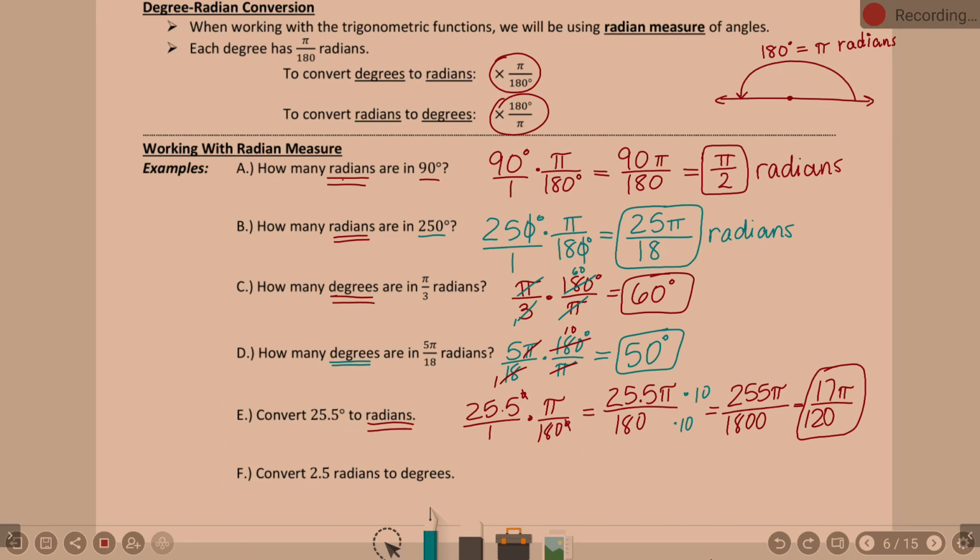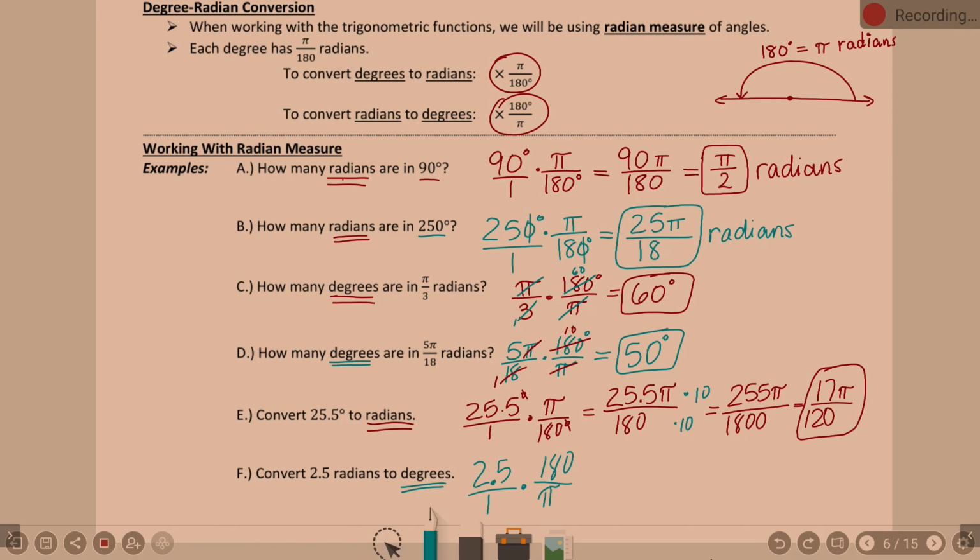One more. Convert 2.5 radians to degrees. What are we doing here? Multiplying by 180 over pi? Okay, so this one's a little bit different, because radian measurements normally have a pi already in them that cancels out, don't they?